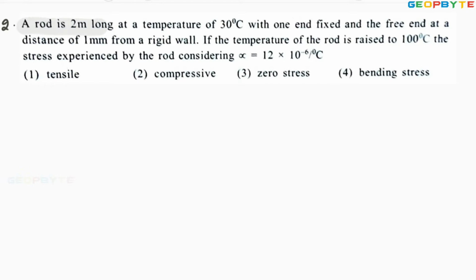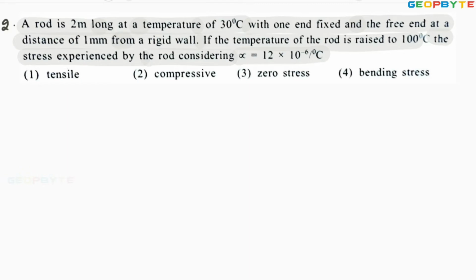A rod is 2 meters long at a temperature of 30 degrees centigrade with one end fixed and the other end free at a distance of 1 mm from the rigid wall. If the temperature of the rod is raised to 100 degrees centigrade, find the stress experienced by the rod, considering alpha equal to 12 into 10 power minus 6.